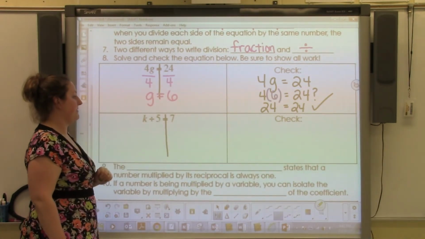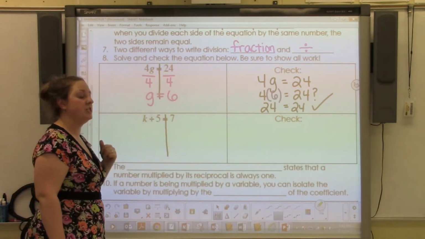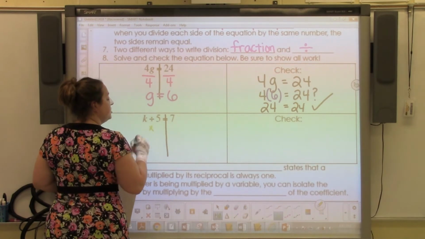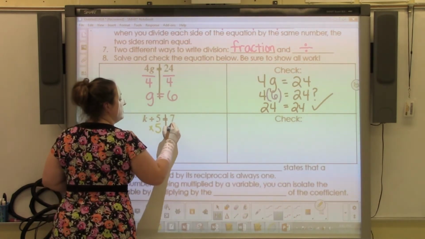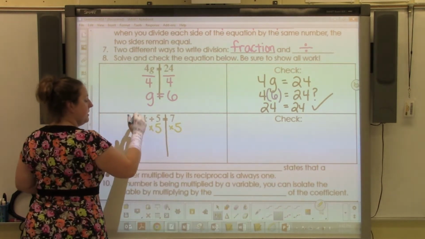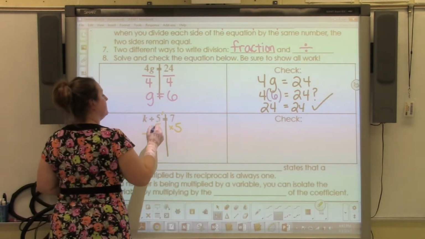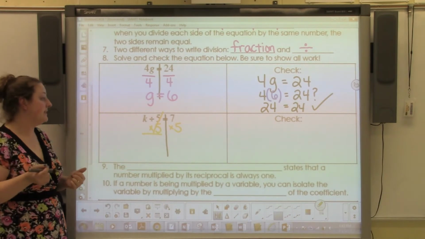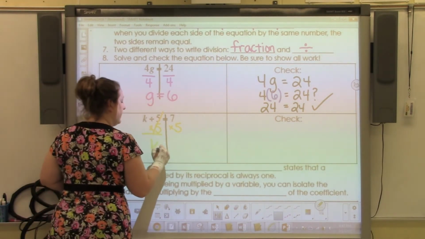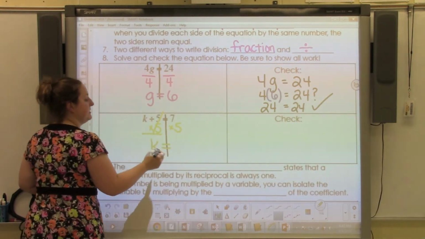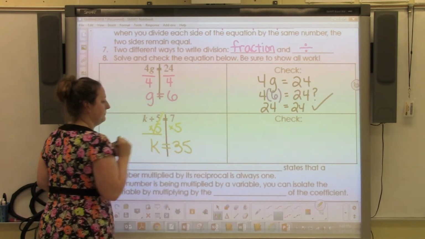k divided by 5. Well, what's the opposite of division? It's multiplication. So I'm going to multiply by 5 on both sides. All right, k divided by 5. When I divide and I multiply, it cancels itself out. I'm left with k is equal to 7 times 5, which is 35.